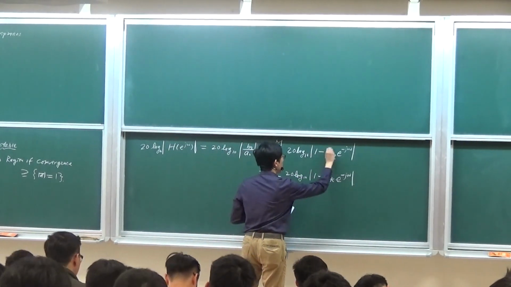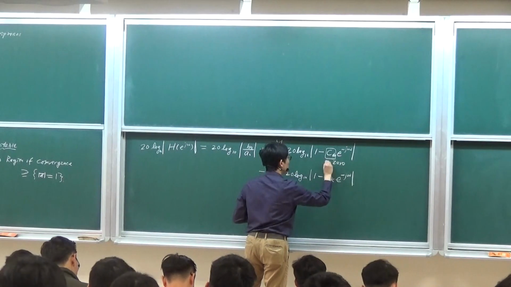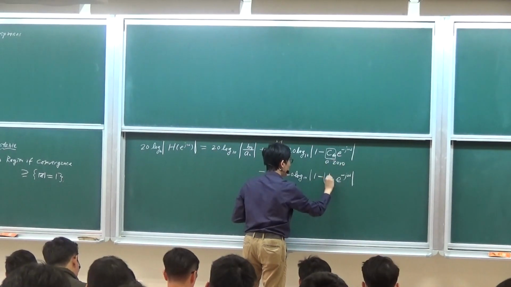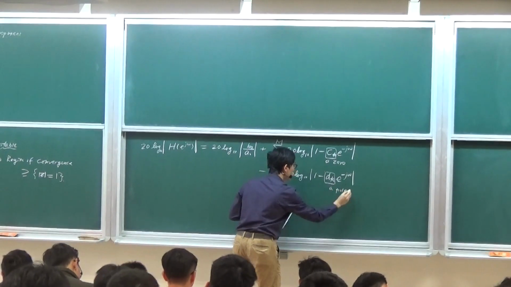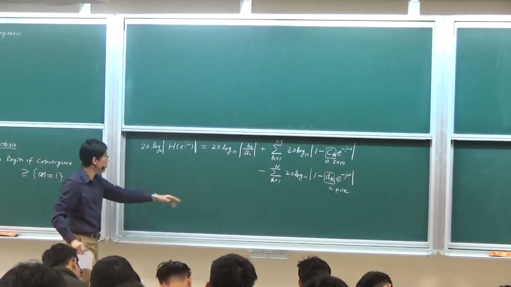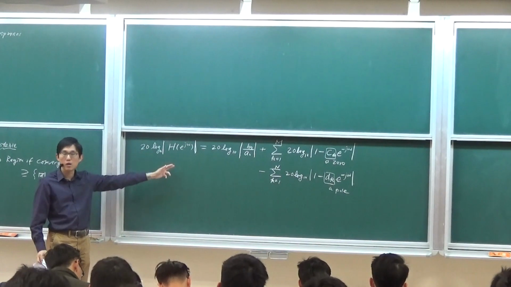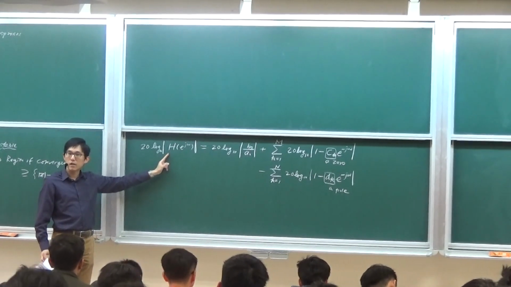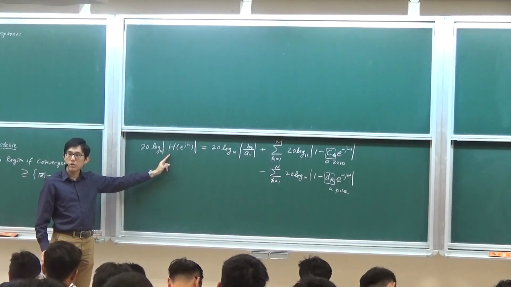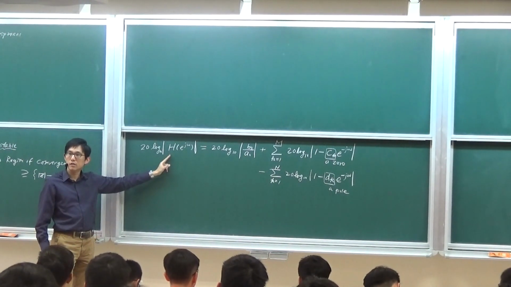So every one of them here is a zero, and every one of them here is a pole. And they all have their contribution. They all contribute to the magnitude response. And it's clearer after we're taking 20 log 10 absolute value. Okay? Are we good here?